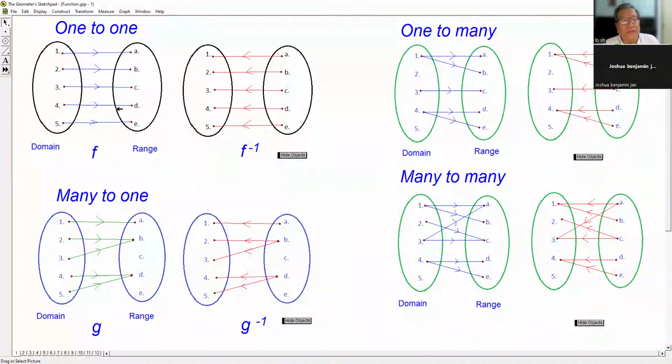Now, before I carry on, I want to tell you that this set of numbers on my left-hand side, the whole set of numbers, is called the domain. The set of answers here on the right-hand side is called the range. The mathematical calculation that maps this 1 onto the number A is the function f.